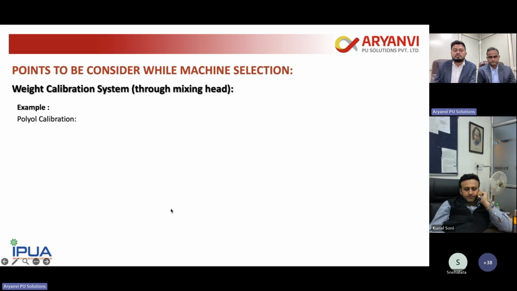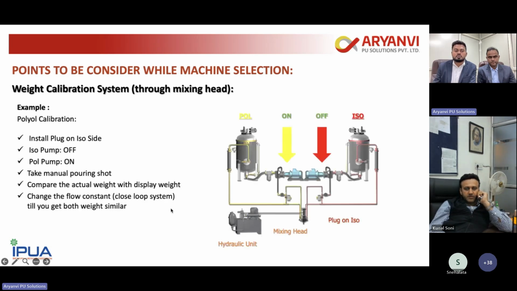So if you have this closed loop system or calibration system on your machine, you can easily calibrate the machine in a very short period of time. It is a very simple process. Anybody who is operating the machine can calibrate the machine. Because of the time concern, I will not go into the detail, but this is the most important thing you need to consider during machine selection.